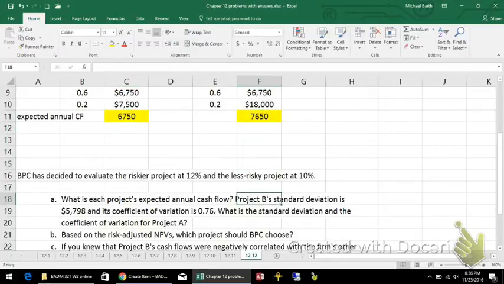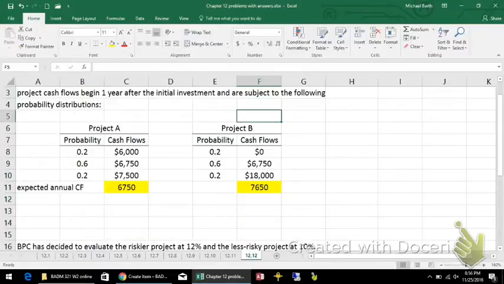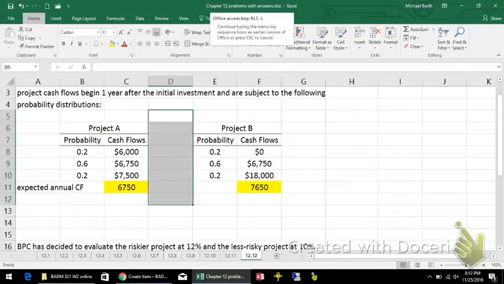Now, Project B's standard deviation is 57.98 and its coefficient of variation is 0.76. What are the corresponding numbers for Project A? Well, let me put a little room in here.